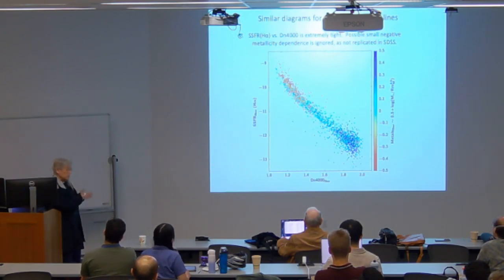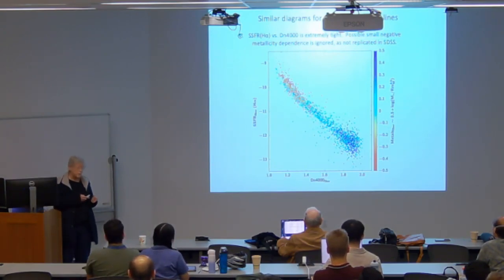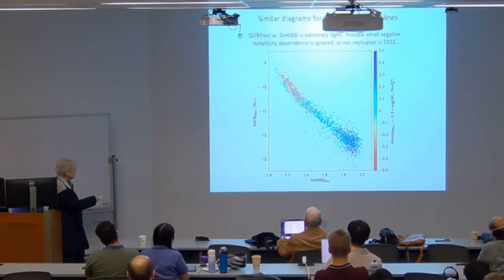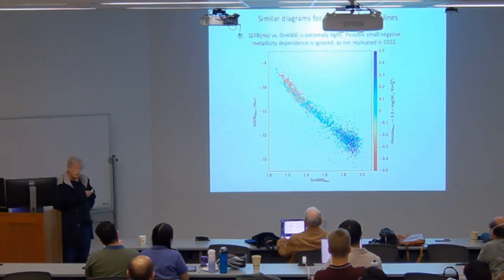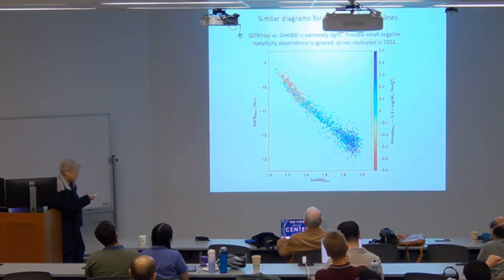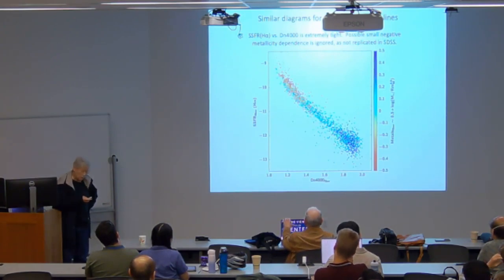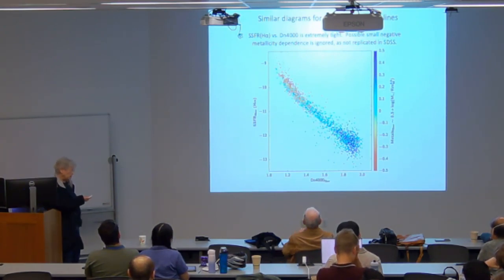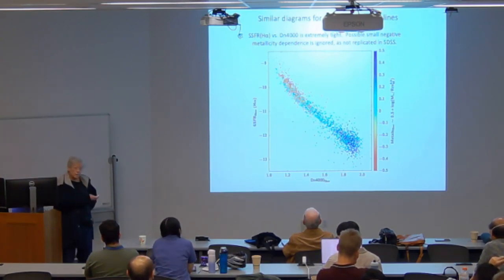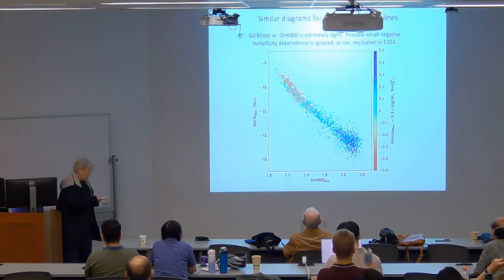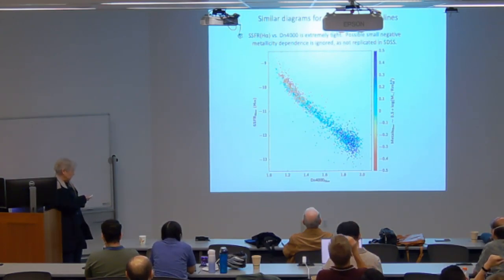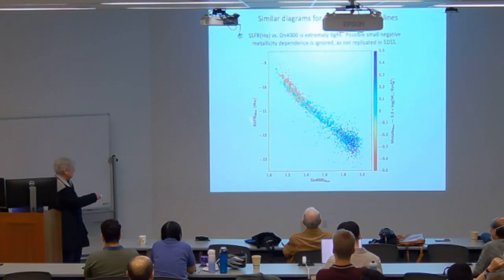And it's really remarkable how tight this relation is. There's a little bit of scatter here due to low metallicity, and actually you don't see that if you look at Sloan, so we've not corrected for it. At some level, the MaNGA and Sloan samples are not quite identical in these respects. But this plot tends to confirm the fact that to a high degree of accuracy, SSFR and H-alpha and D4000 are the same number.